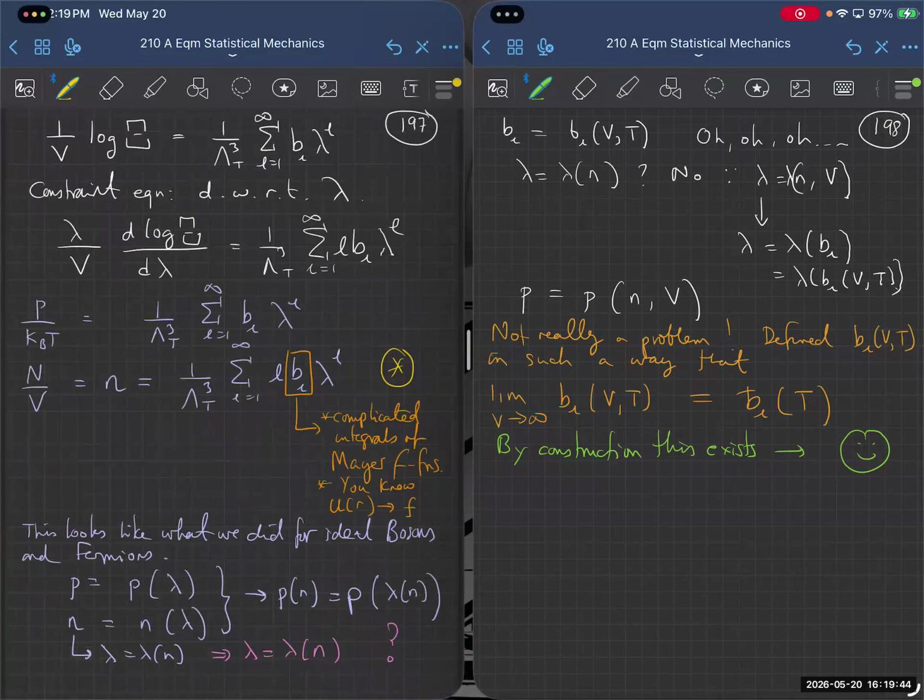So therefore, we take that limit, this thermodynamic limit, so V is going to infinity, N is going to infinity, but the ratio N over V is fixed. So now I'm going to say, okay, great.